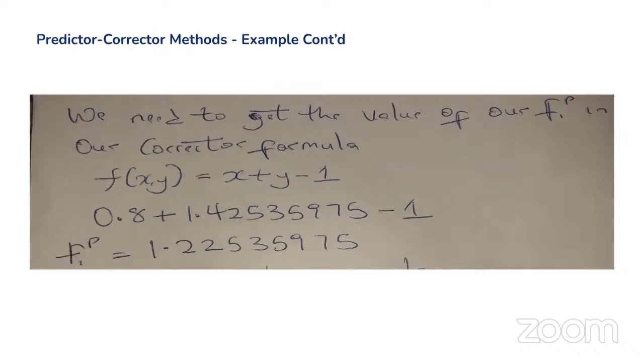So now all we have to do is insert the value of 0.8 that has already been known, then also insert our predictor formula value that we got in our previous slide, which is 1.42535975. So we insert all this into our condition and it now gives us our f subscript 1p.